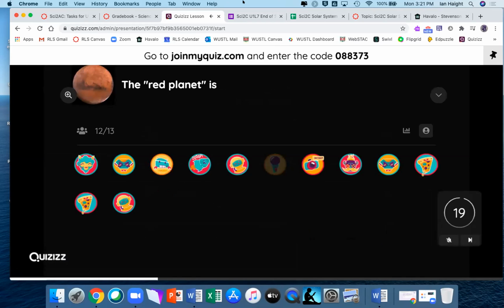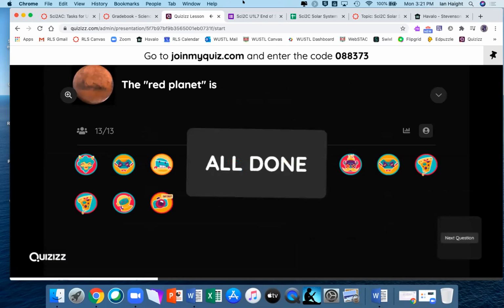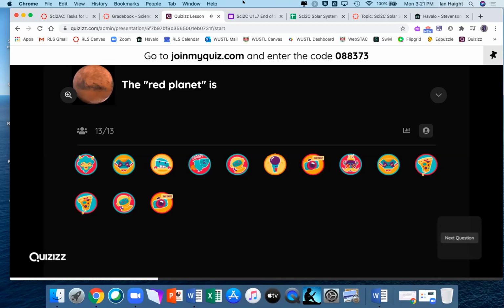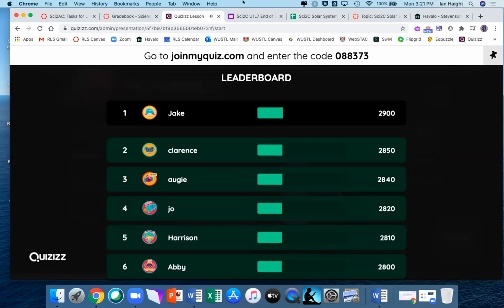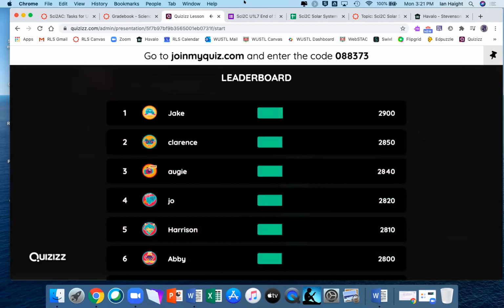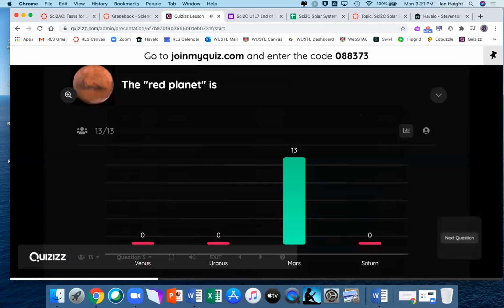The red planet. This is hopefully an easy one. Okay, Jake's still in the lead. Mars has that red coloration because there's so much iron in the soil and it's literally rusting. It's becoming oxidized.